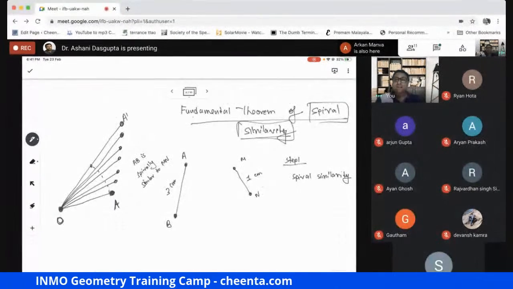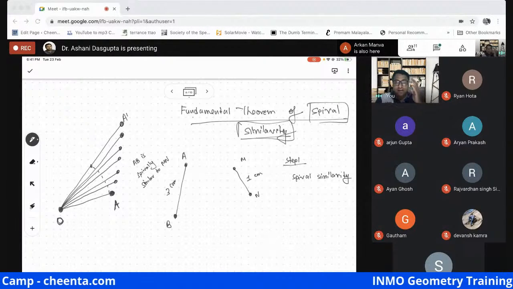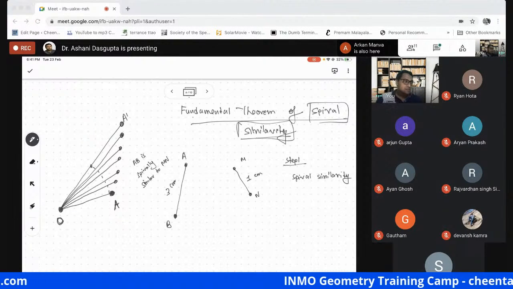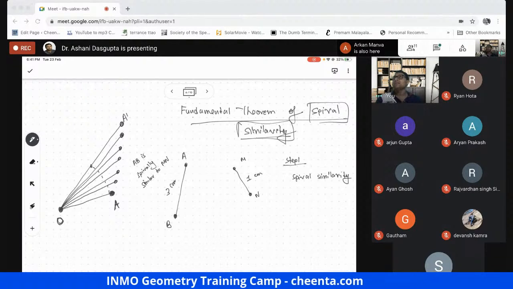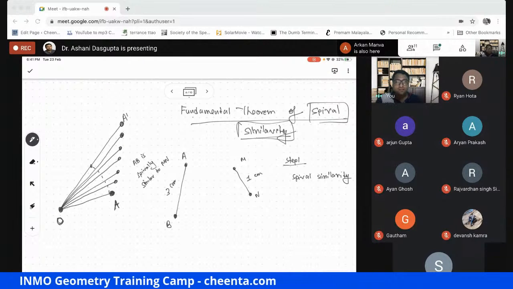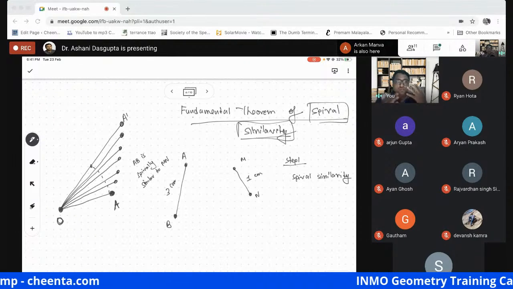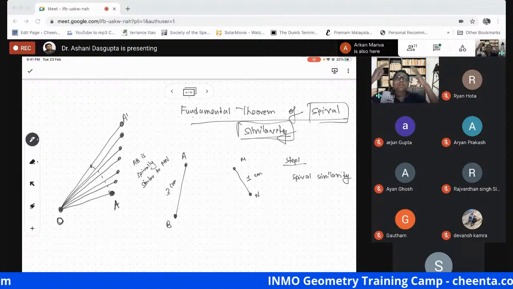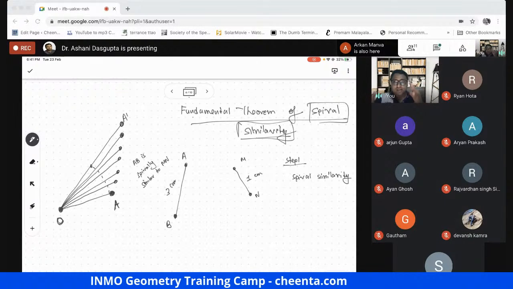And you know what? I'm going to tell you this: trust your imagination and instincts. Problems at a certain level are not won by simply knowing a bunch of theorems. You have to put your imagination to work. So forget about all the theorems that you know. Focus on the imagination. What is going on in the picture?